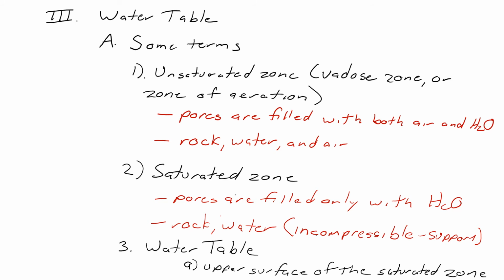So you've got to think about this in 3 dimensions, right? So you've got your unsaturated zone, which is going to be closest to the surface. At some point that transitions into the saturated zone, which is deeper down. The boundary between those areas is the water table, and in 3 dimensions you can think of it as being the upper surface of the saturated zone.